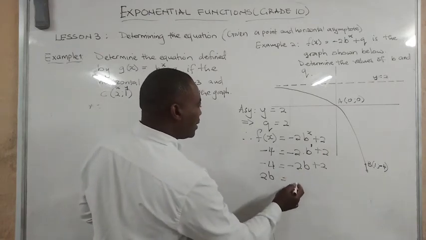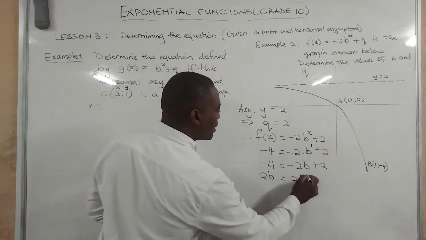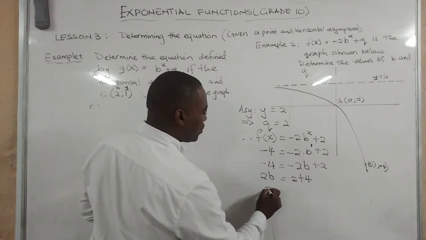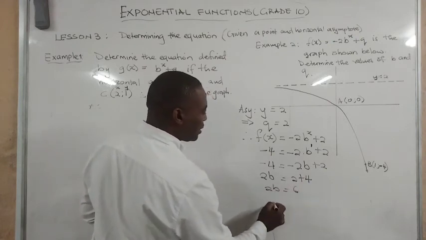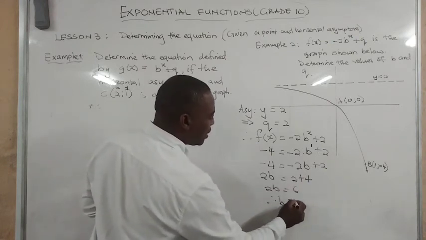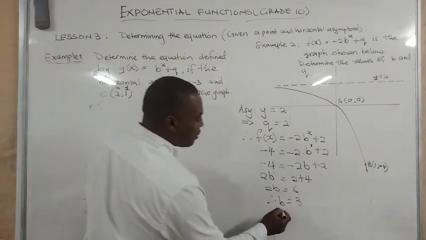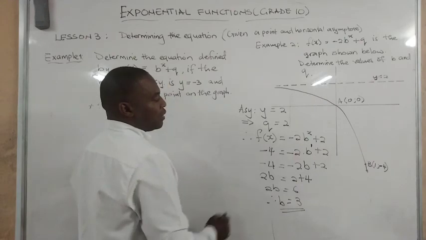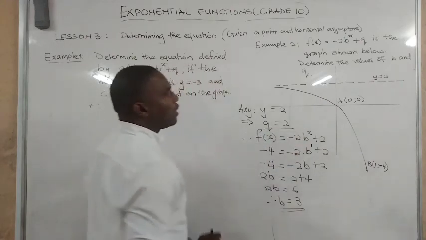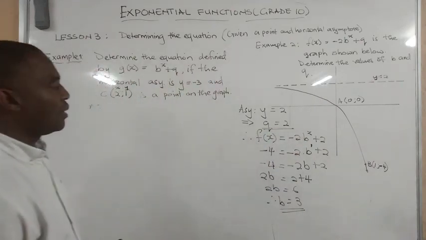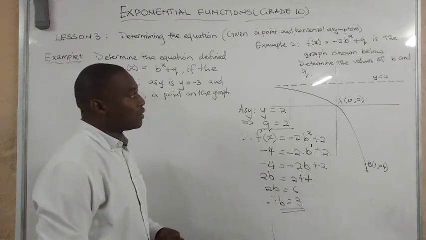That would mean it will be 2 plus 4. So 2b will be equal to 6. Therefore, b is equal to 3. So we have now solved for the values which the question has asked for.